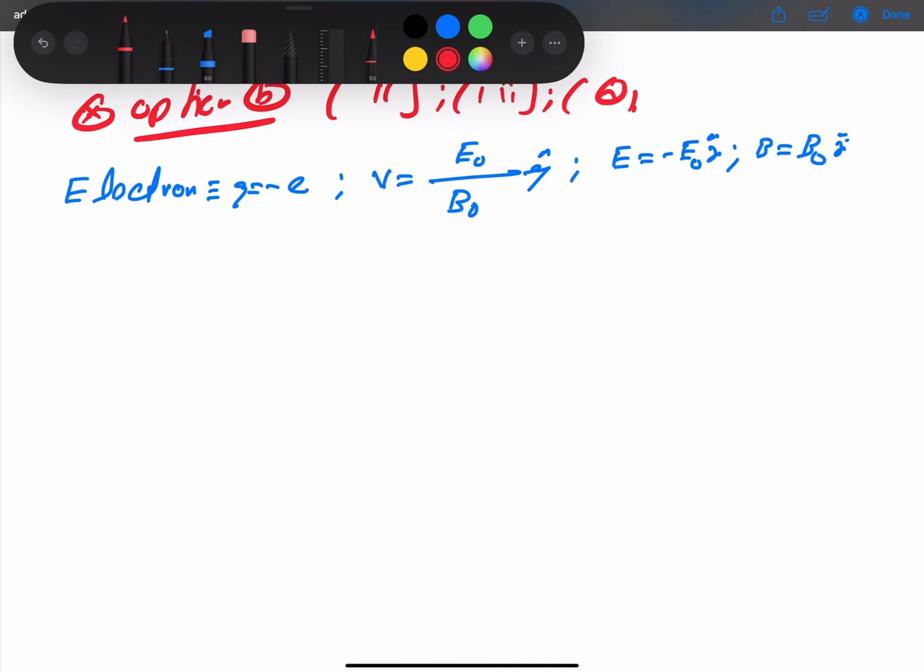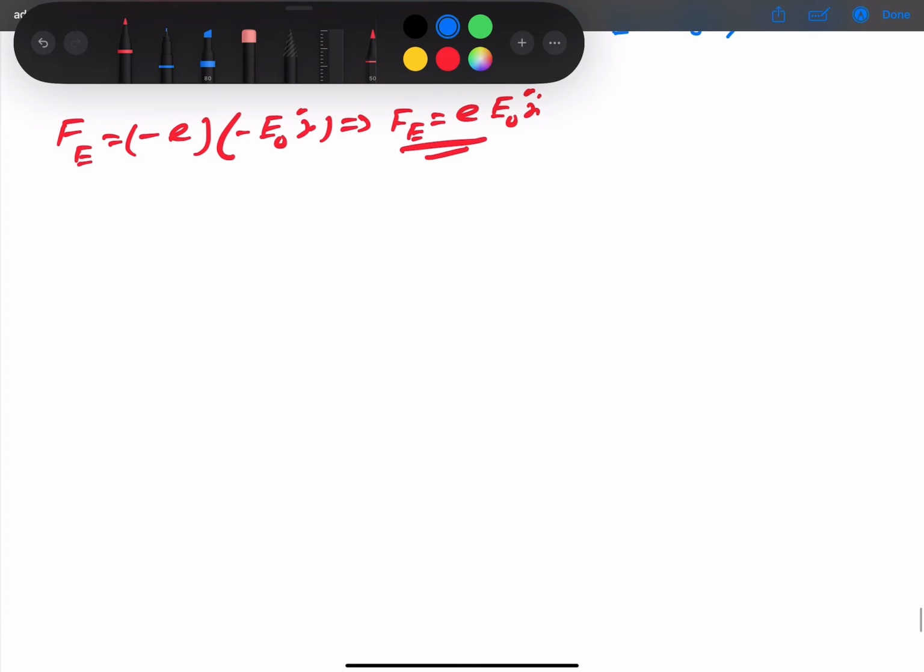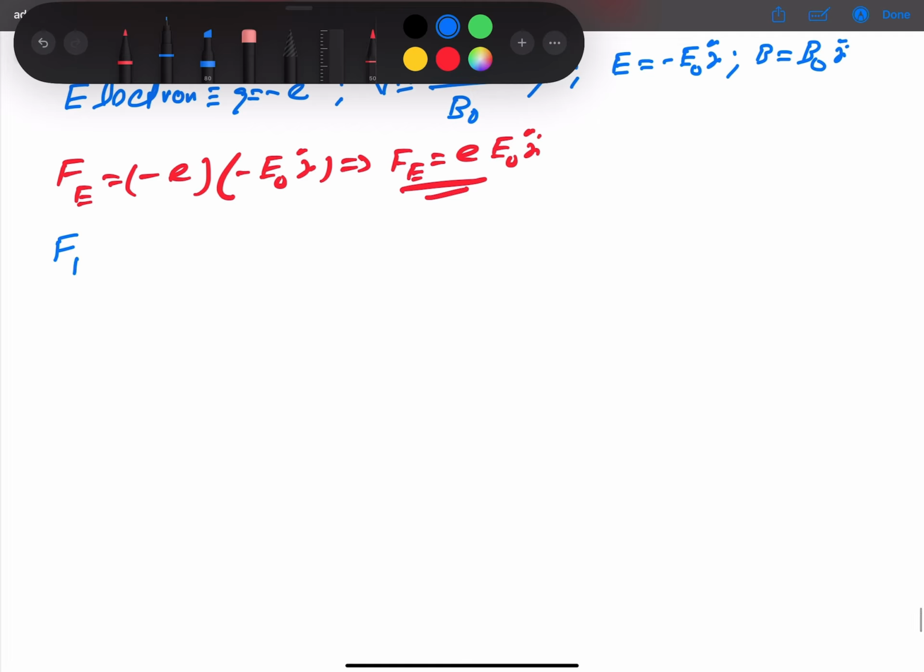So let's find the force because of the electric field. This gives us minus E times E naught x unit vector, so the force due to the electric field is E E naught x unit vector. Similarly, we find the magnetic force F B, and for that we are mainly interested in the cross product because that is going to give us the direction.